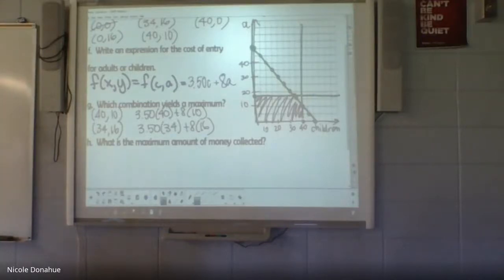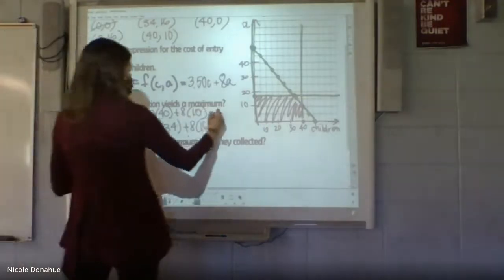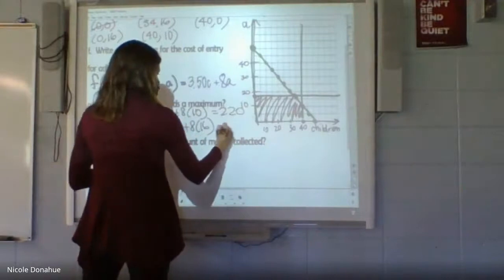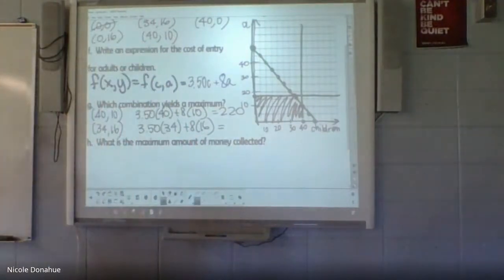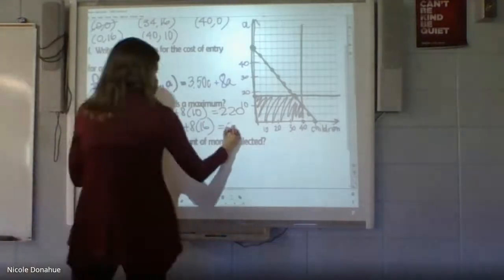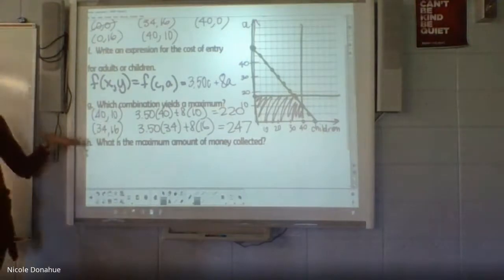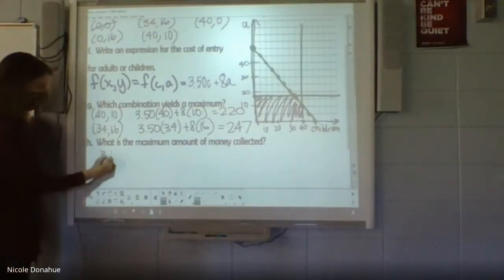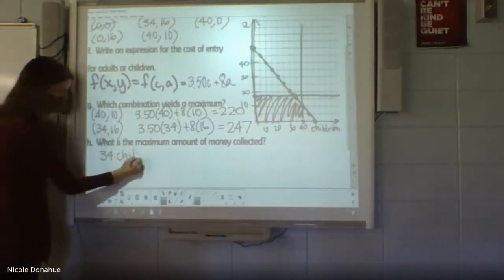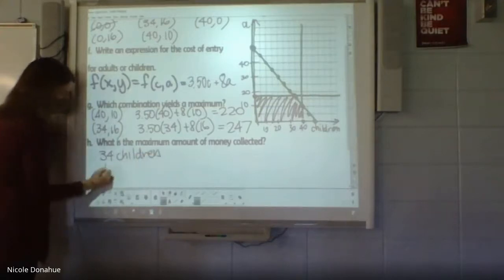So I get 220 for this top one. But for the bottom one, I get 247. Does that sound right, guys? Yes. All right. So the combination that yields a maximum is 34 children with 16 adults.